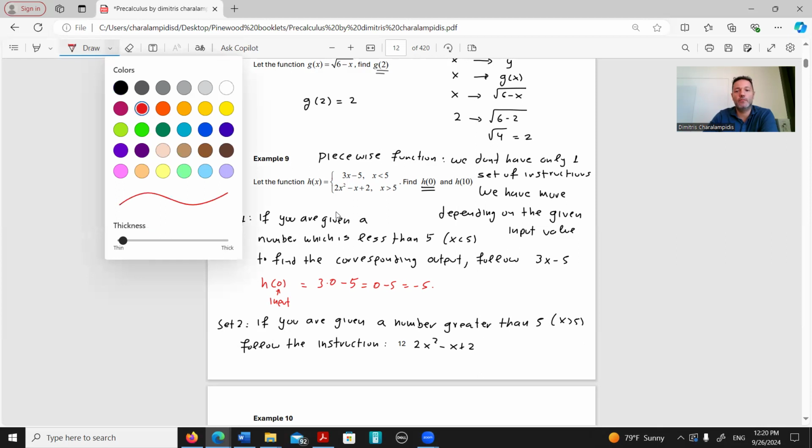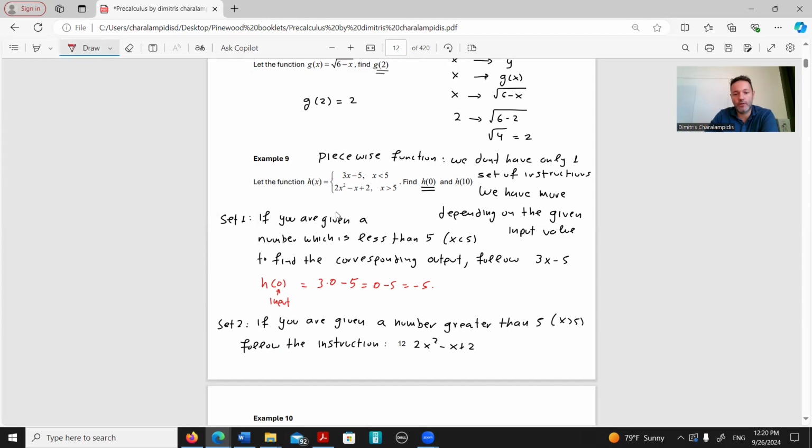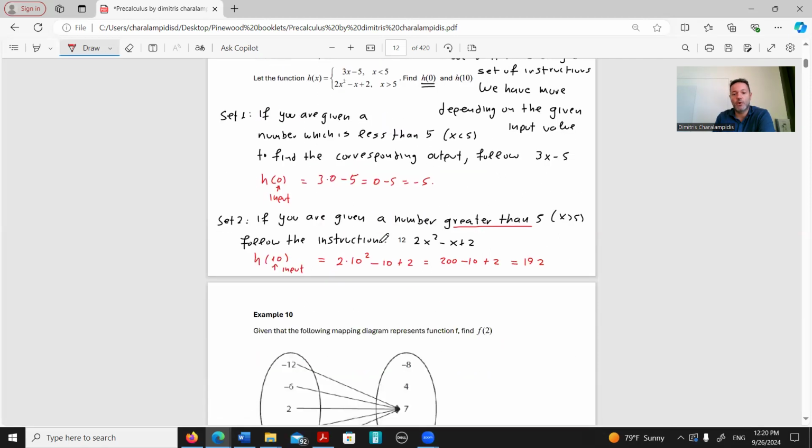So in the second part of the exercise, where we are told to calculate h of 10, acknowledging that this is the input value and it is greater than 5, this means that I should follow the second given set of instructions. 2 times 100 is 200, minus 10 plus 2, which is 192. Let's work with some more.